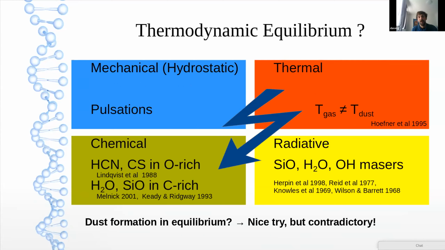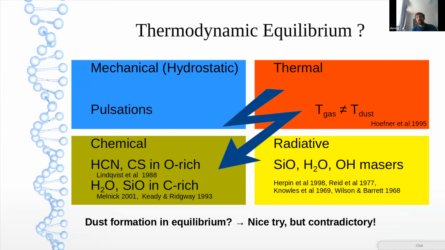In the mechanical or hydrostatic equilibrium we have deviations because stars pulsate, which has been known for more than 100 years. Also, the thermal equilibrium doesn't seem to work, since different gas components can have different temperatures, and gas and dust definitely have different temperatures. That's why thermal equilibrium doesn't hold.